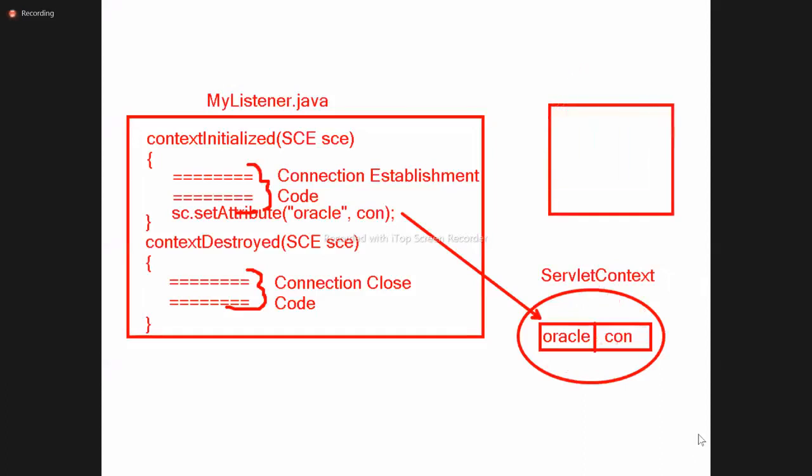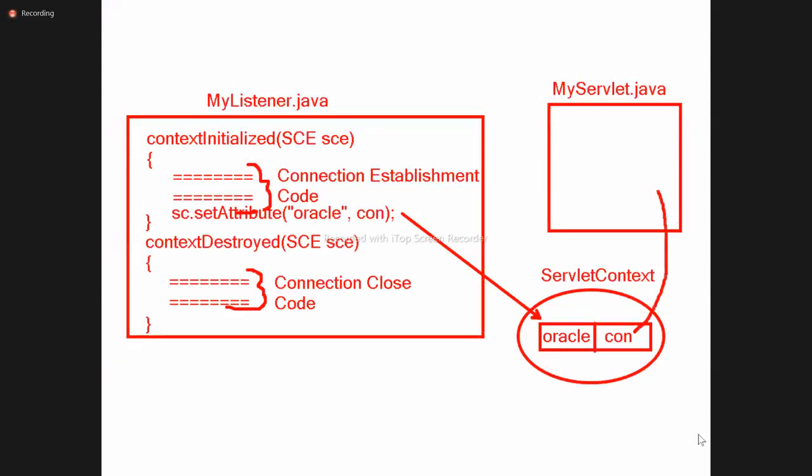One more servlet program I'll write. Suppose my Servlet.java. This servlet will retrieve this connection object, so I'll call the getAttribute method: servletContext.getAttribute, passing the attribute name Oracle.